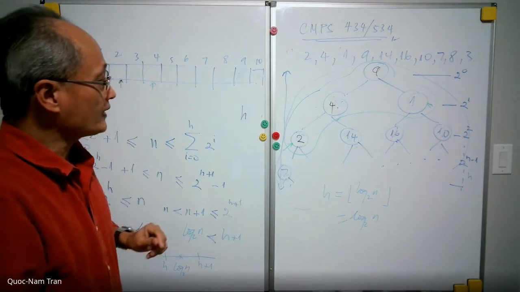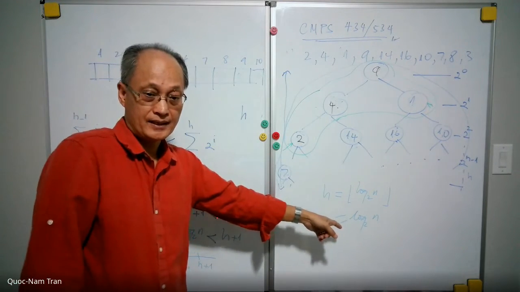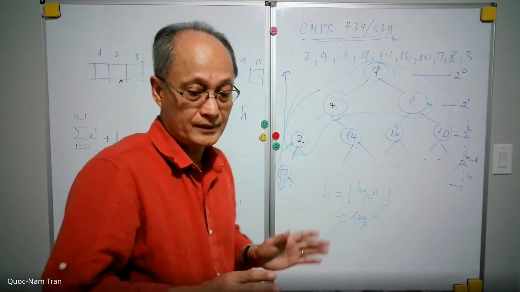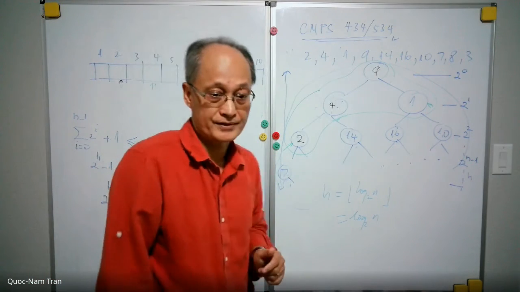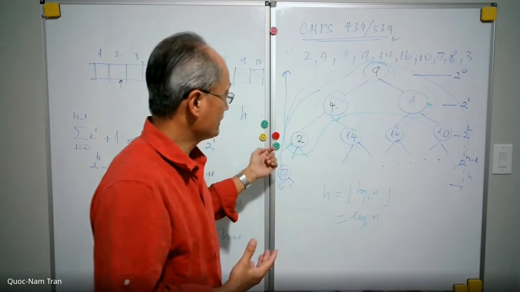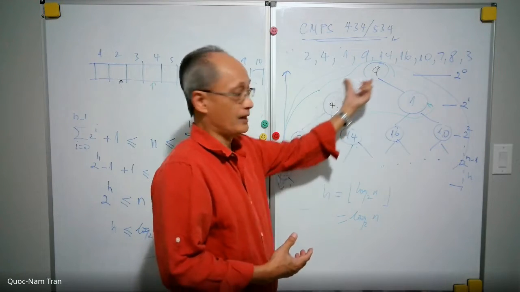Once we know the height is log 2 of n, then you can analyze the complexity of the build and the reheap up algorithm. So that is one idea, meaning that whenever we add a new element in, we try to reheap up.